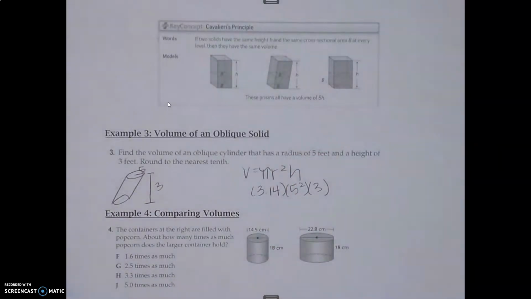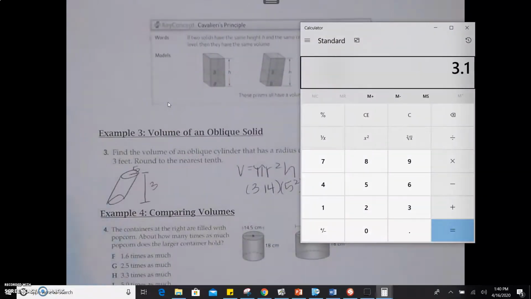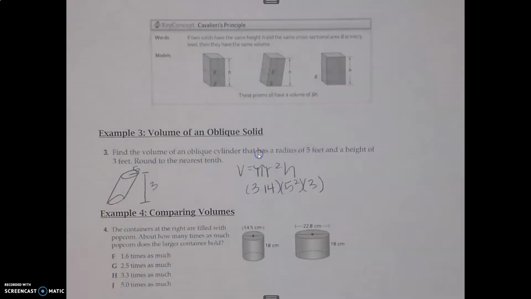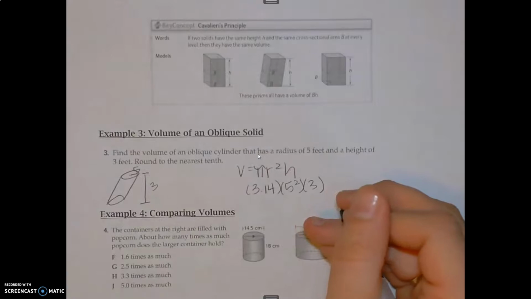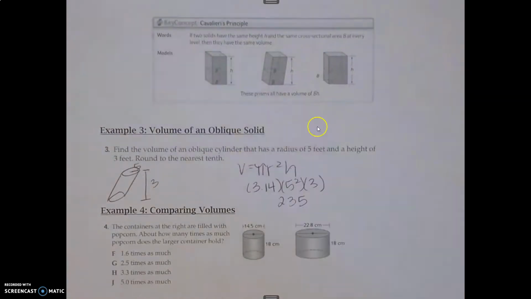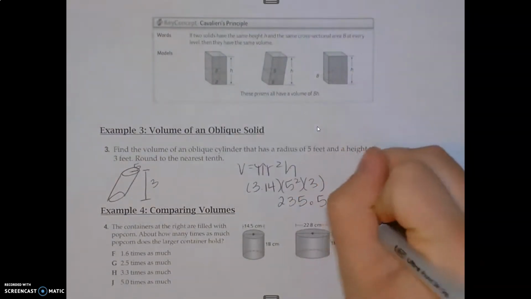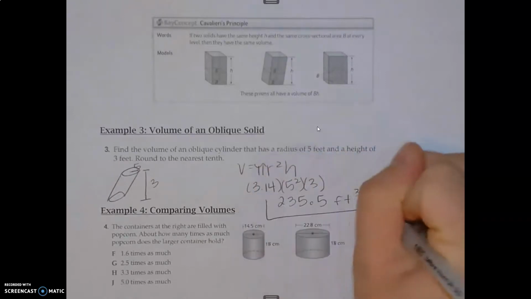So let's get the calculator. 3.14 multiplied by 25, and then multiplied by 3, which gives me my volume of 235.5, and that is feet cubed.